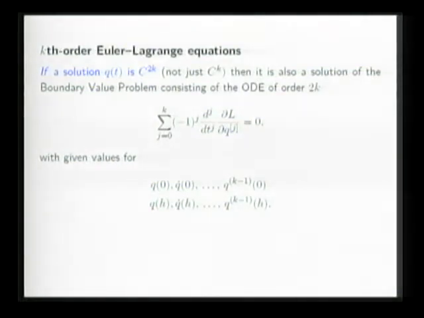But if you know that your solution is C^2k, you can write these Euler-Lagrange equations with these boundary conditions for the curve and its derivatives up to order k minus 1.